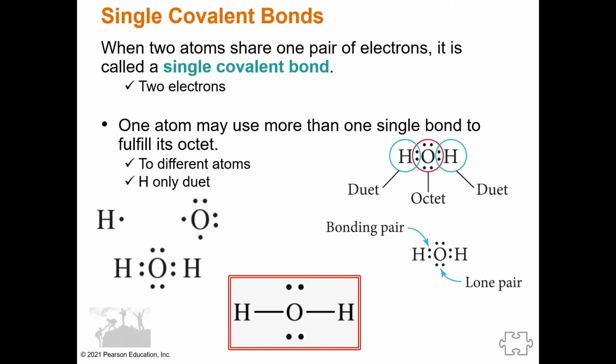I highly suggest that you draw out H2O like this, with the lines connecting both H's to oxygen, so that you could easily count how many lone pairs there are and how many bonding pairs there are.